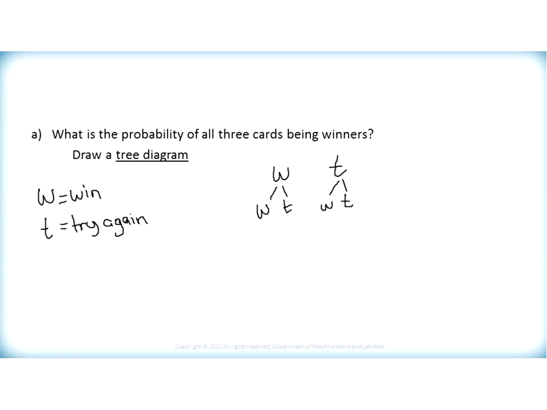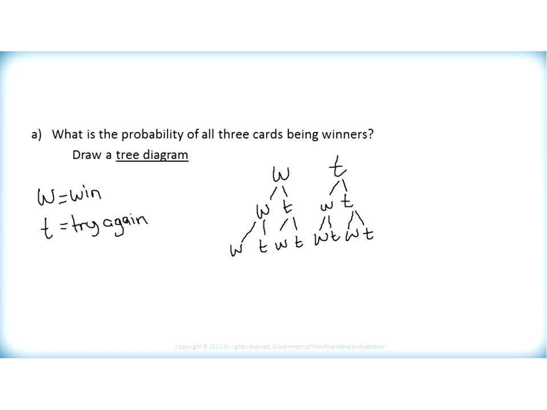And then my third card, once again, I could either win, which I'm going to include with all of my possible outcomes from my second trial, or I can try again. Okay, so in my tree diagram, it's called a tree diagram because each successive level appears to branch off from the previous level.